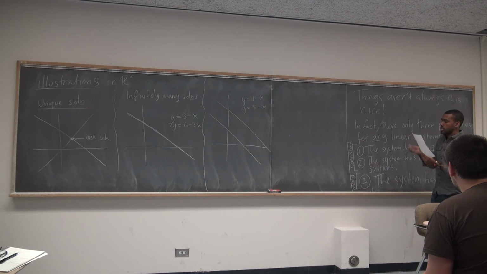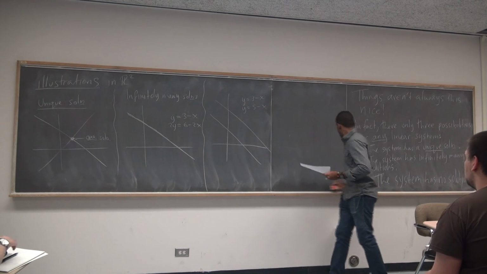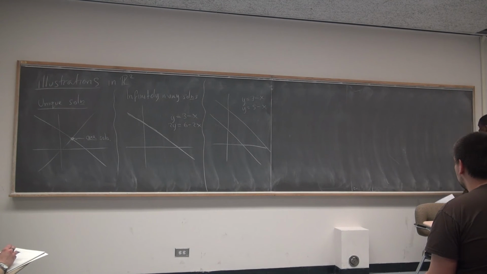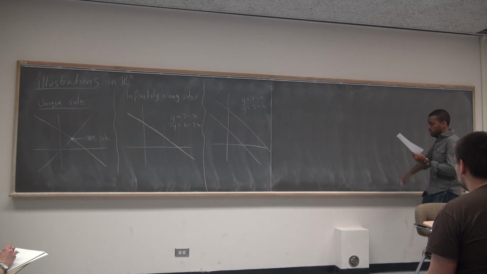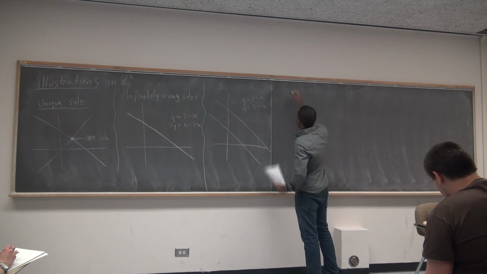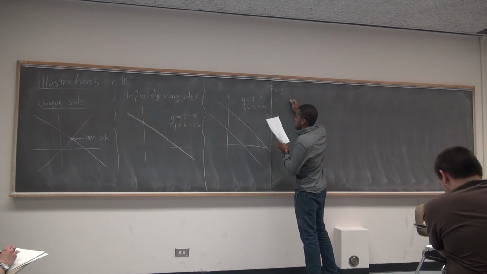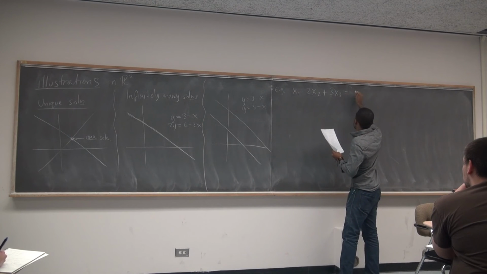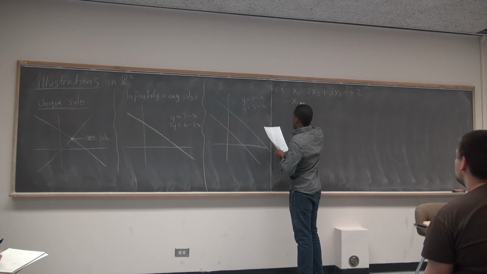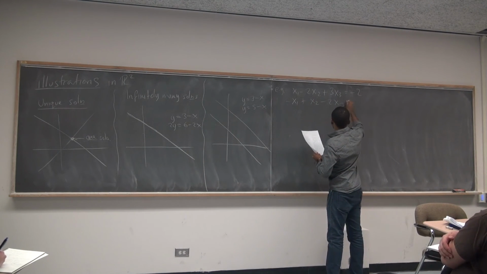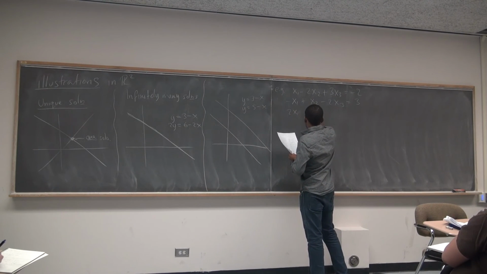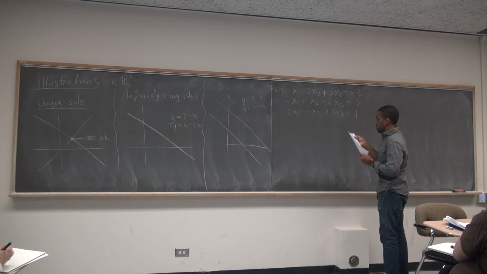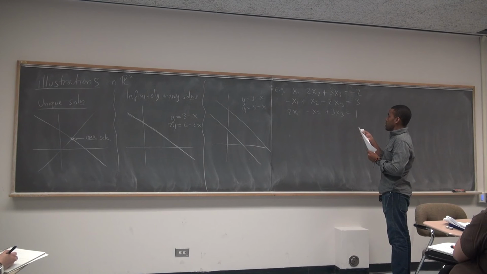Another example. Want to practice our row operation technique. x1 minus 2x2 plus 3x3 equals minus 2.